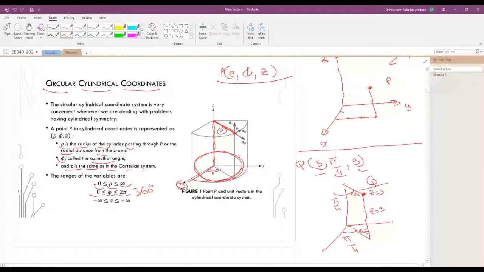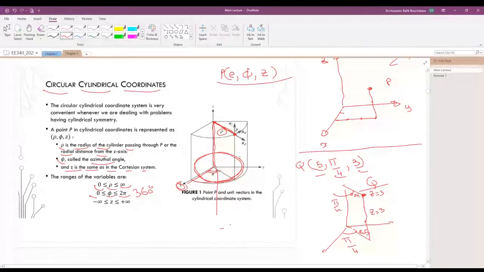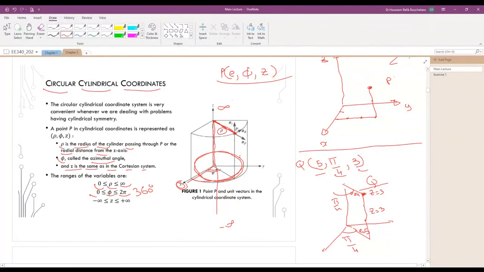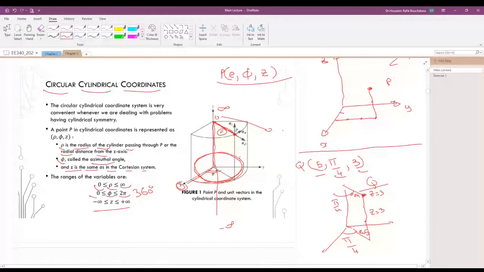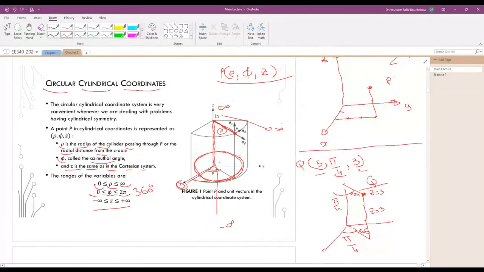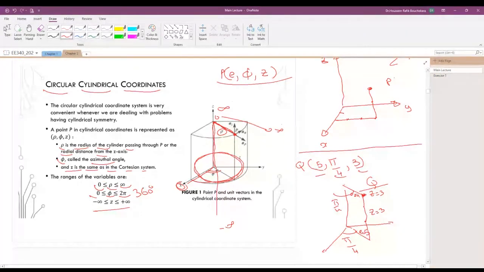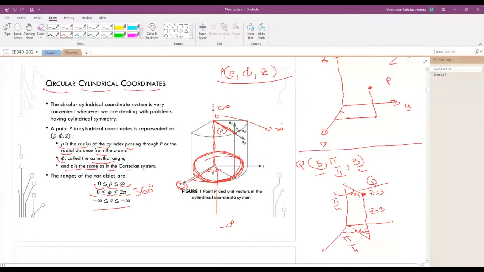And z can take values from minus infinity to infinity. Rho can take values from 0 to infinity, it cannot be negative. Phi can take values from 0 to 2 pi. Once I return here, I go again from 0 and start all over again.